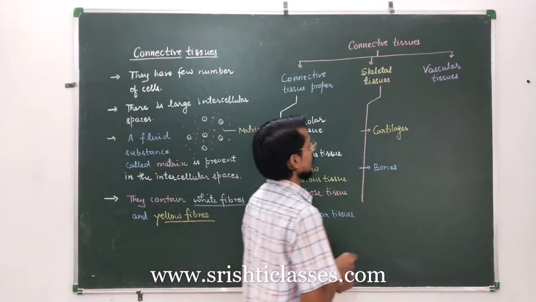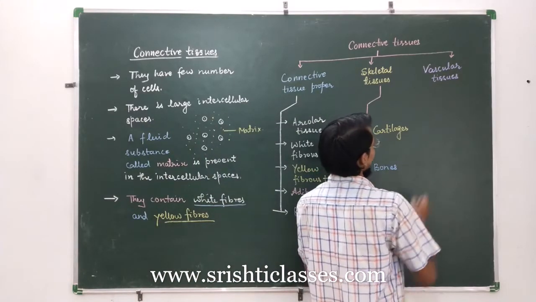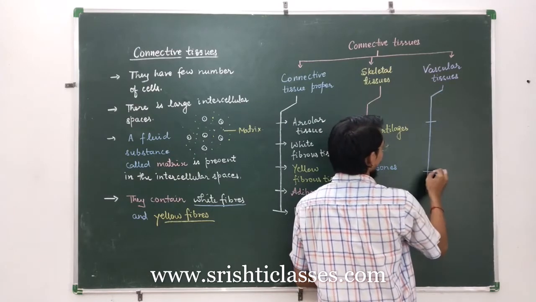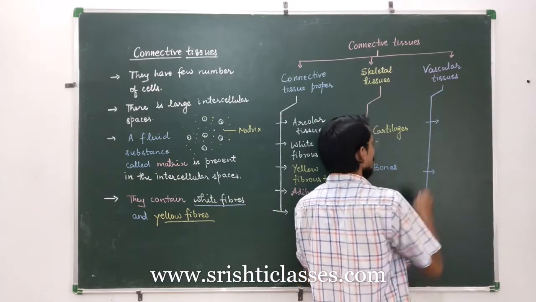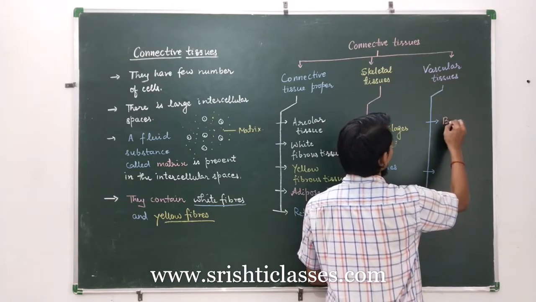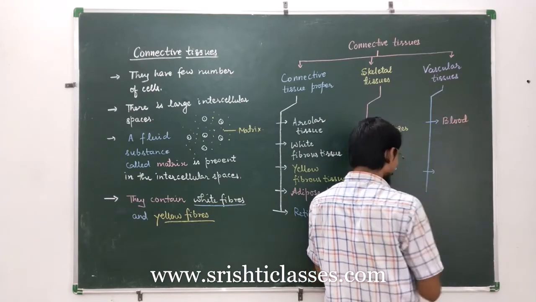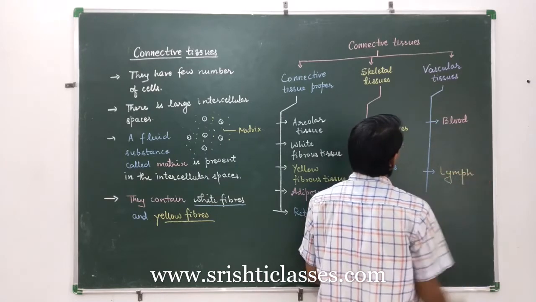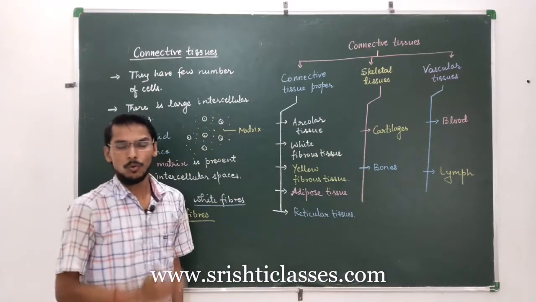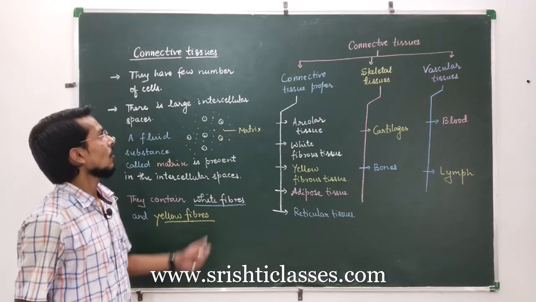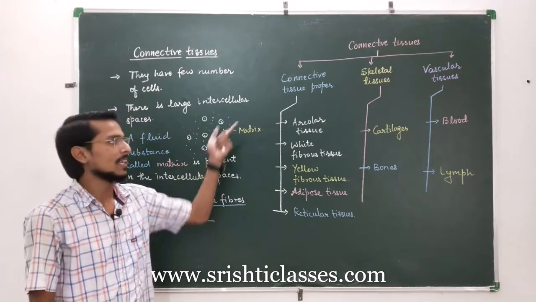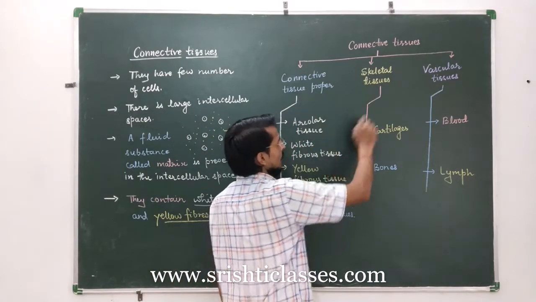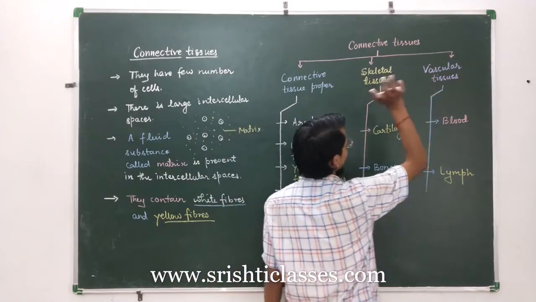And the third, vascular tissues, is also classified into 2 categories. Number 1, blood, and number 2, lymph. So this is the overview classification of connective tissue. Connective tissue is first of all classified into 3 categories: connective tissue proper, skeletal tissue and vascular tissue.